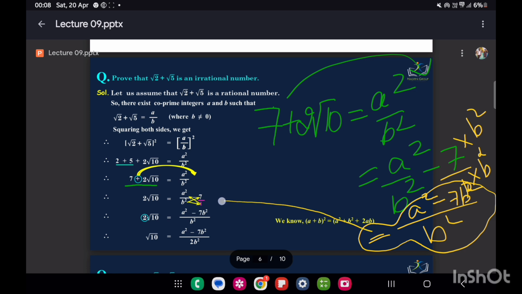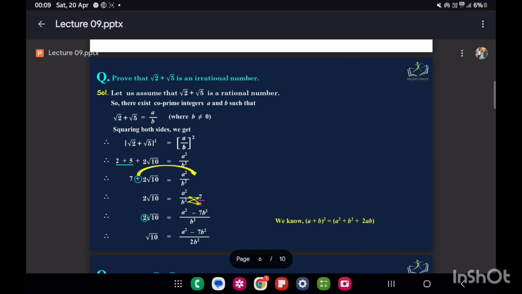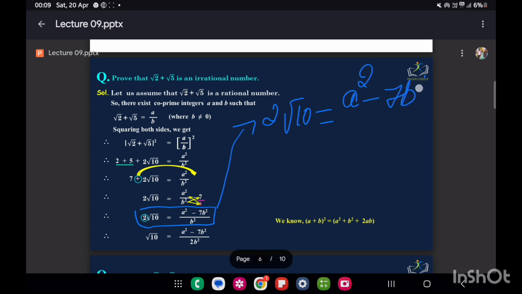So that one we have written here. This is the step we are having here. So 2 root 10 equals a square minus 7b square divided by b square. Then we go for the next step. In continuation of this step I am writing here, 2 root 10 equals a square minus 7b square divided by b square.